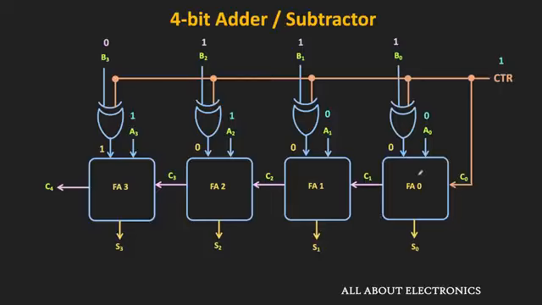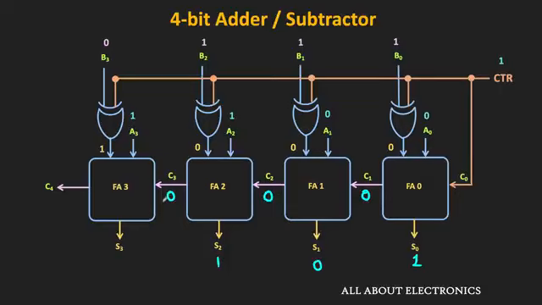So for the first full adder, this 0 plus 0 is equal to 0 and this incoming carry is equal to 1. That means this 0 plus 1 is equal to 1 while the outgoing carry is equal to 0. Then for the next full adder, this 0 plus 0 plus 0 is equal to 0 and the outgoing carry will also be equal to 0. So if we move to the next adder, then this 0 plus 1 is equal to 1, while the outgoing carry is equal to 0.